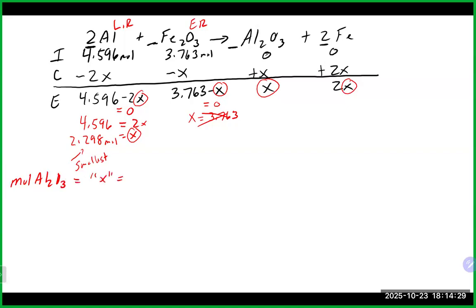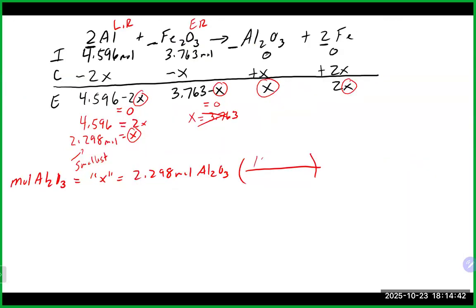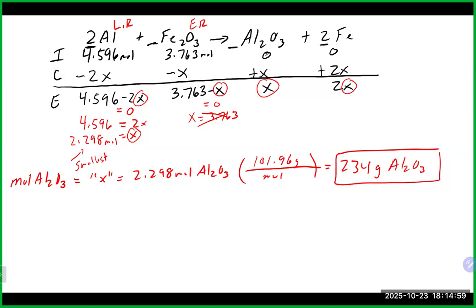So that is 2.298 moles of aluminum oxide, which means now we could just use the molar mass of aluminum oxide that we could calculate. But since we did it over here, we'll borrow it, 101.96 grams per mole. So I'm just again going to take my 2.298 times my 101.96. That's going to give me my 234 grams of aluminum oxide. That was my theoretical yield.